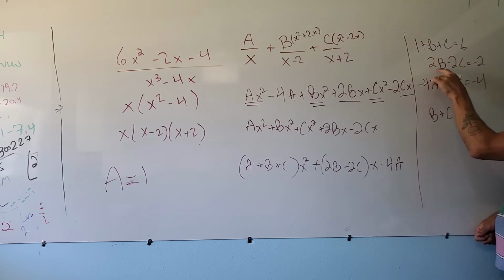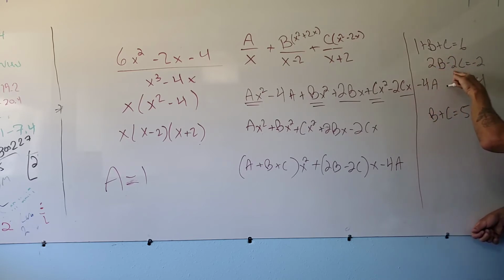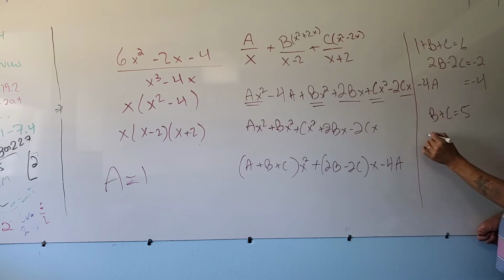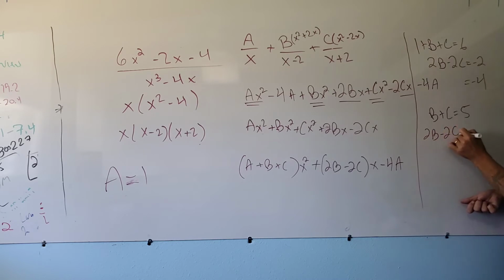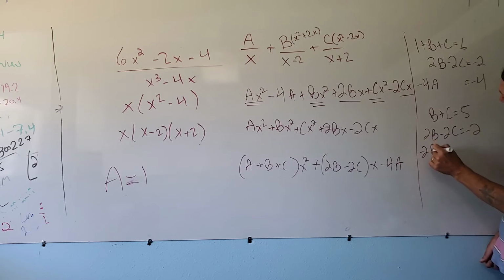And now I have 2b minus 2c equals negative 2. I'm going to multiply the top equation by negative 2 because I want to cancel out that b, and I'll write it underneath it. So negative 2b minus 2c equals negative 10.